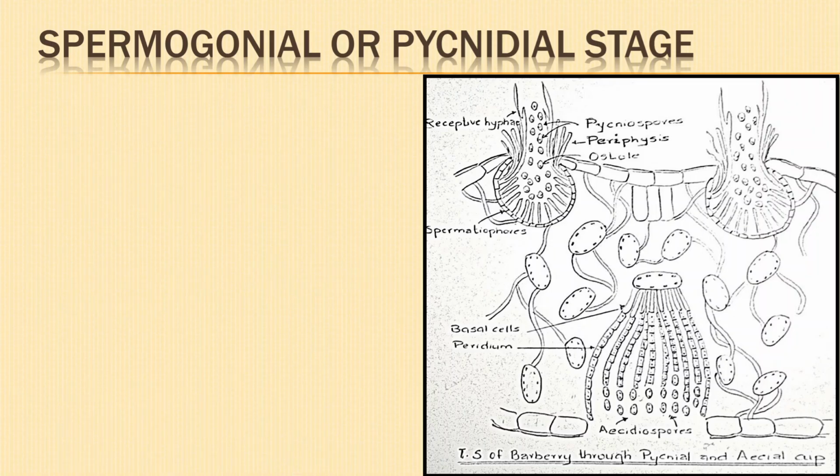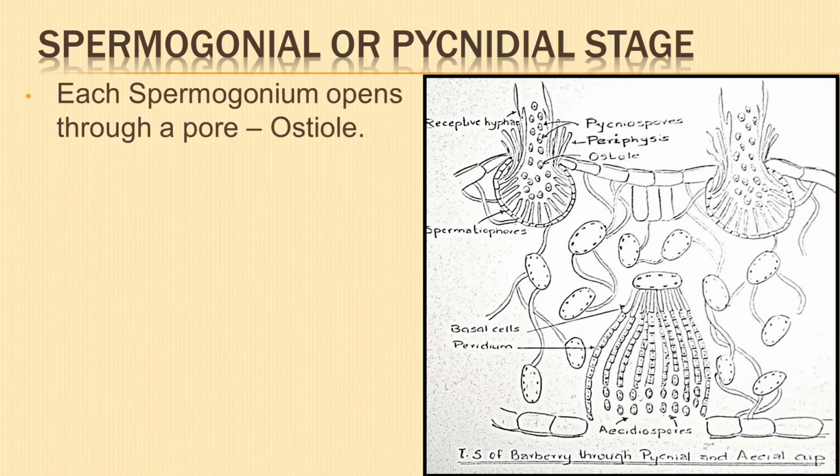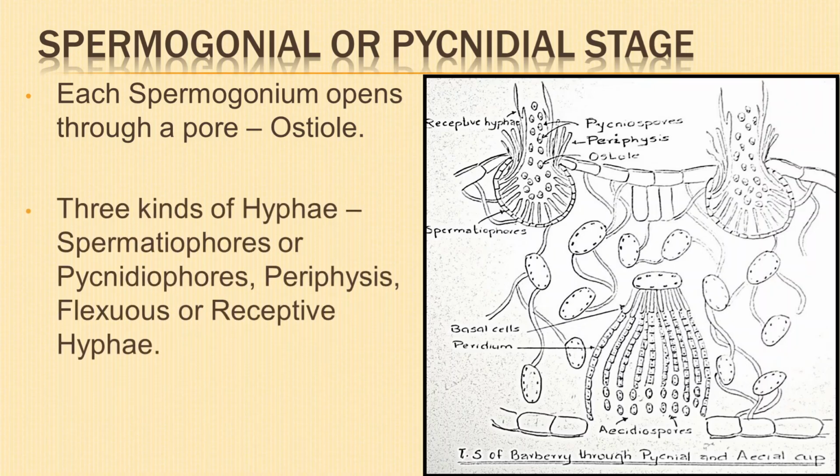Each spermagonium opens on the upper surface of the host leaf through a pore called ostiole. The wall of the spermagonium consists of 3 kinds of hyphae: spermatiophores or pycnidiophores, periphyses, and receptive hyphae.